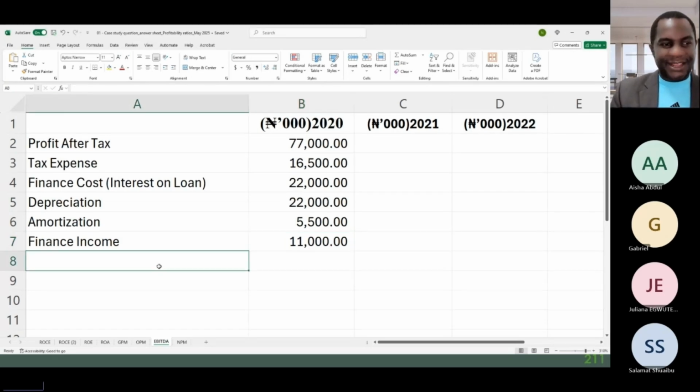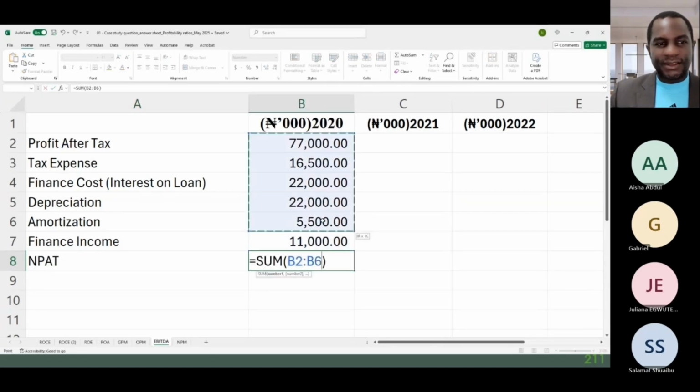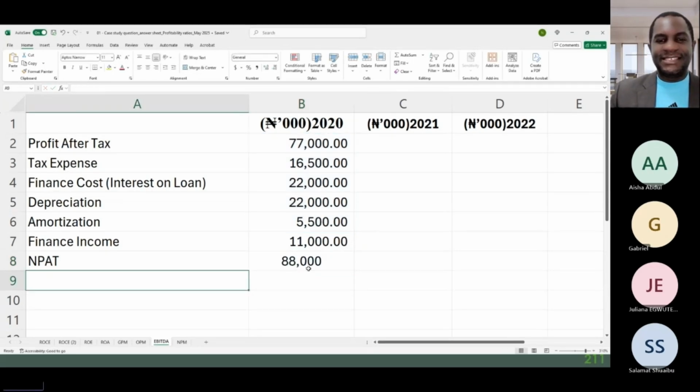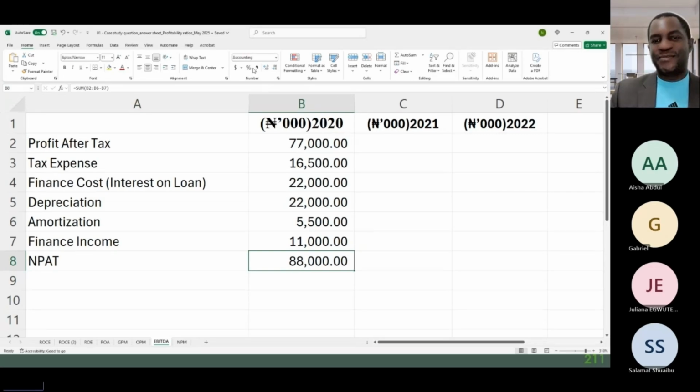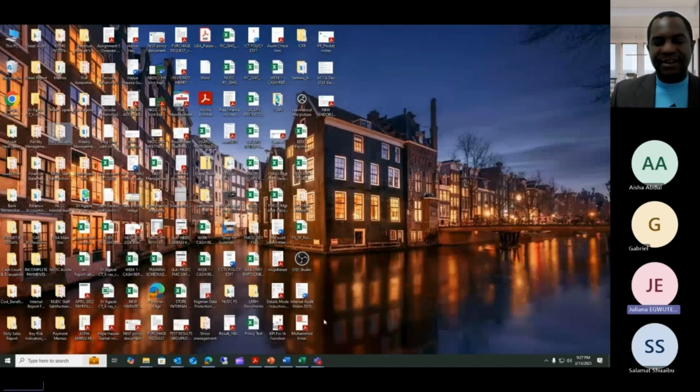So our net profit after tax is going to be your total of this, which is added back, minus your finance income. Take note of the finance income in your calculation, though it doesn't come regularly. Did you say net profit after tax?